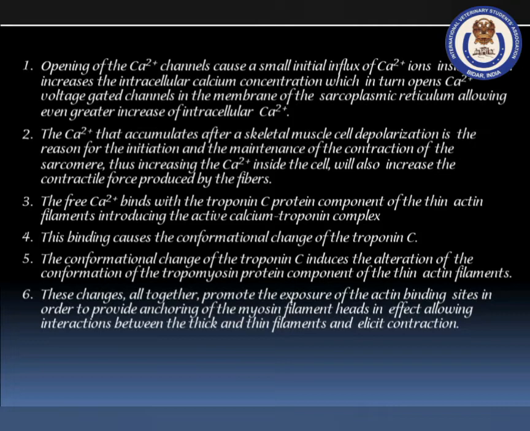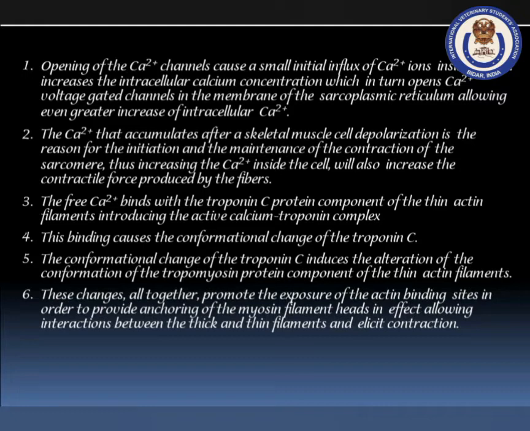Opening of the calcium channels causes a small initial influx of calcium ions inside the cell, increasing the intracellular calcium concentration, which in turn opens calcium channels in the membrane of the sarcoplasmic reticulum, allowing an even greater increase of intracellular calcium. The calcium that accumulates after a skeletal muscle cell depolarization is the reason for the initiation and maintenance of the contraction of the sarcomere.